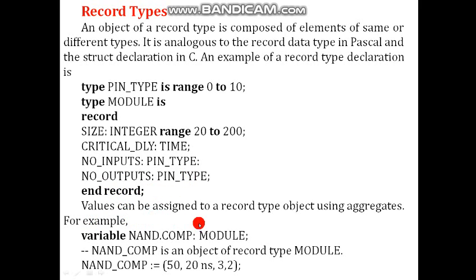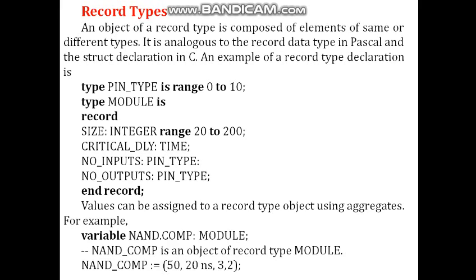A value can be assigned to a record type object using aggregates. Now, how will this aggregate look? The variable nand_comp is an object of record type model. nand_comp := (15, 20 ns, 3, 2).